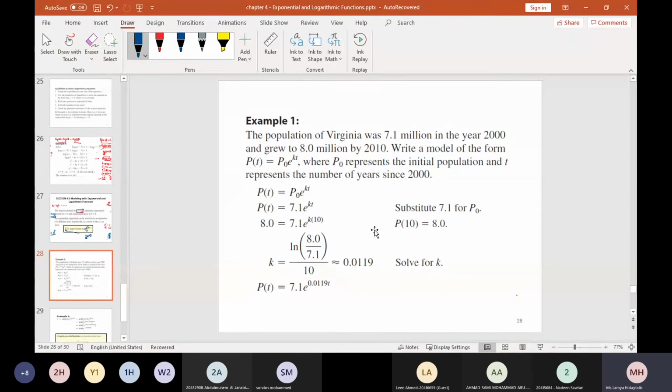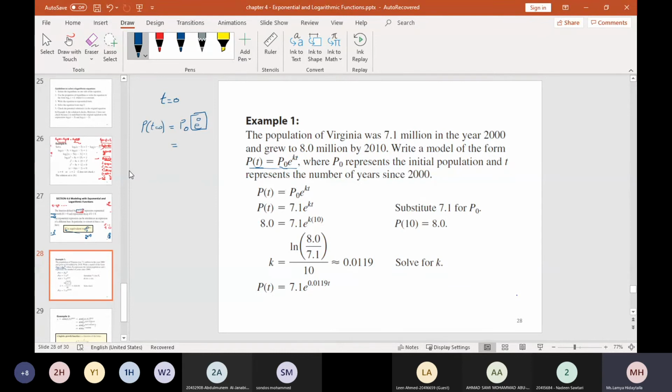Let's assume this is our function. When you substitute t equals 0, what will you have? If we take t equals 0, I have P at time t equals 0, right, because I take 0 here. So this is equal to P naught times e to the power 0, since t times k is 0, and any number to the power 0 is equal to what?